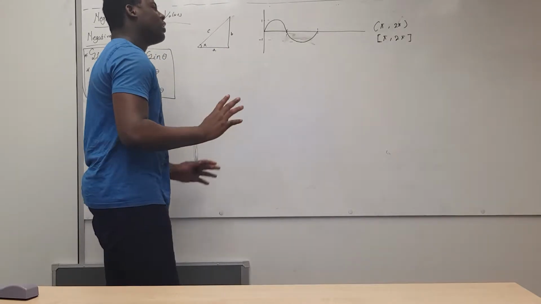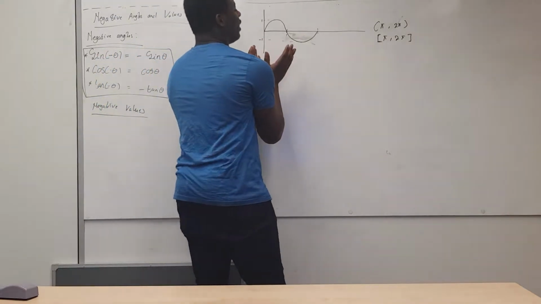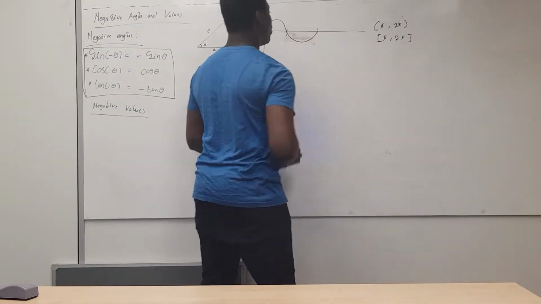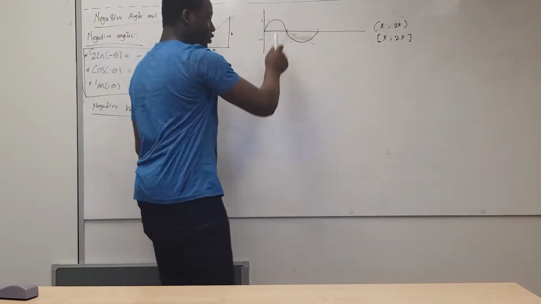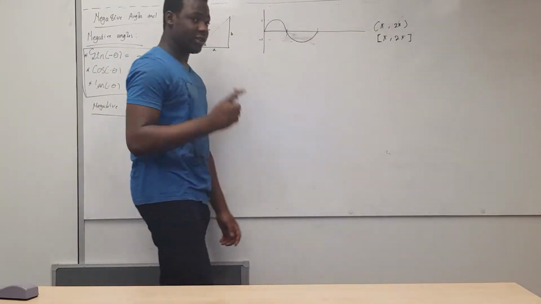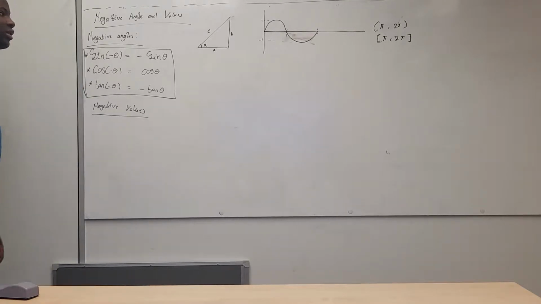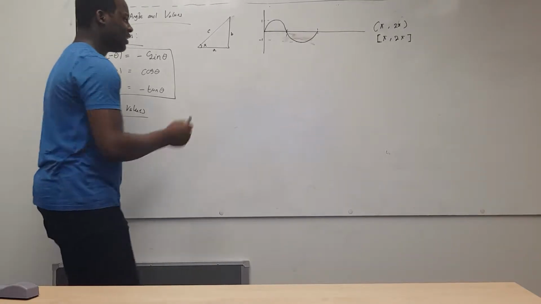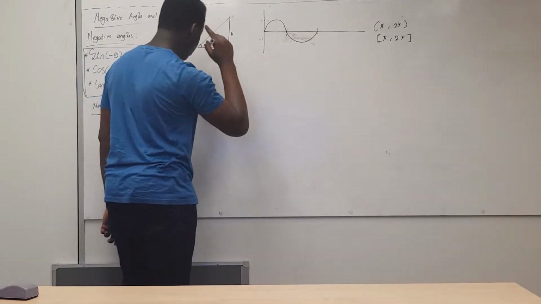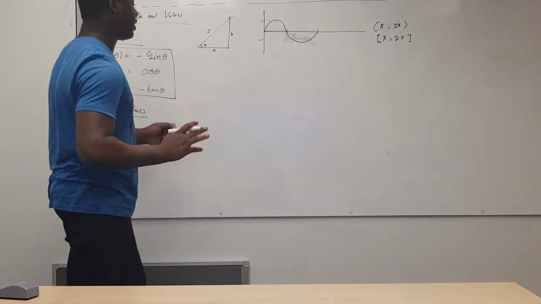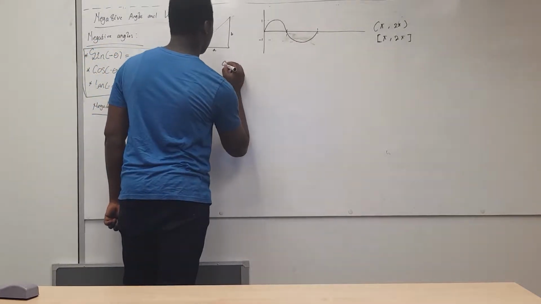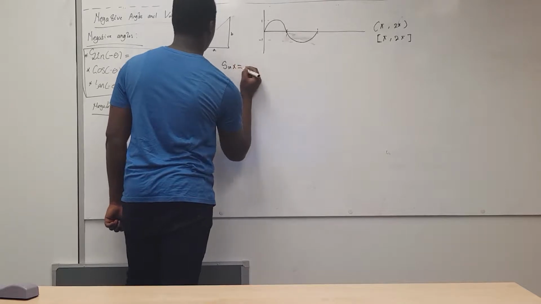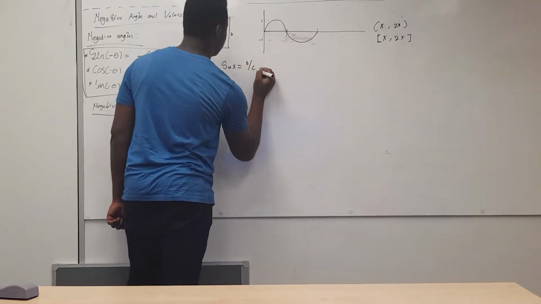So we're trying to define this function where every input from pi to 2 pi gives us negative values. As I said before, there's no scalar factor to stretch or compress the graph. So let's say we have sine of x equal to b divided by c.